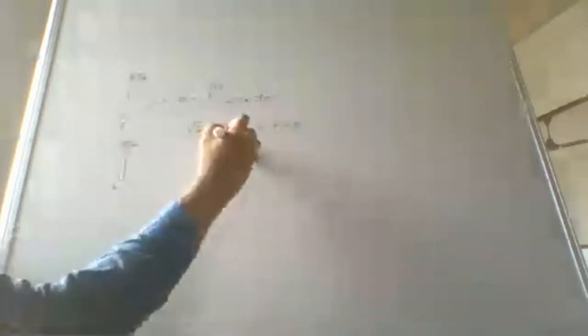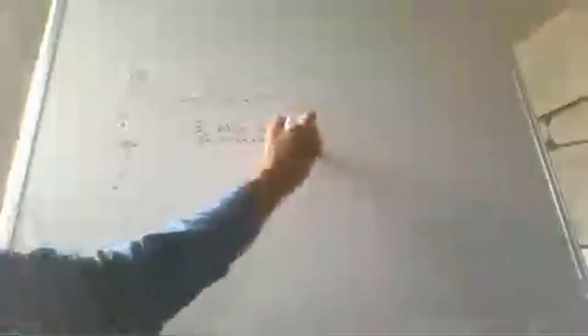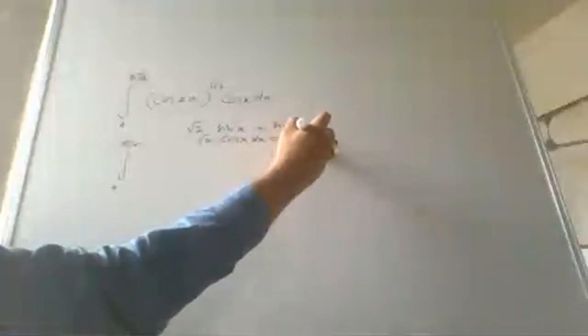Now I'll get root 2 cos x dx equal to cos theta d theta. Let us substitute these. If you take the 2 to the other side, it is 1 by 2.